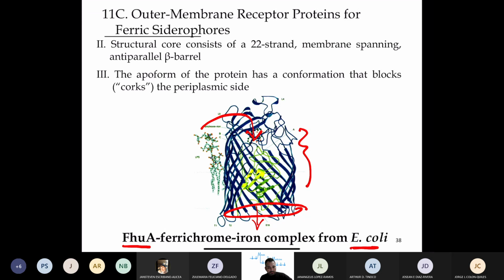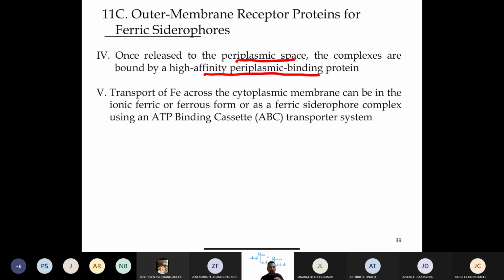At that point, that iron siderophore that now is in the periplasm, you have the transport of the iron across the cytoplasmic membrane, which can be in ionic ferric or ferrous form. That means you have iron either as iron 3 or iron 2 that gets transported, or you can have the ferric siderophore complex that's going to be facilitated through.